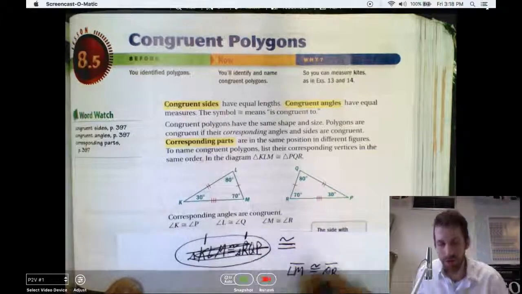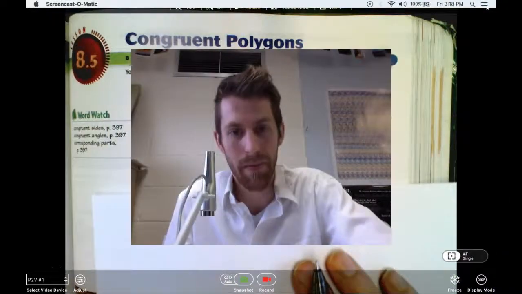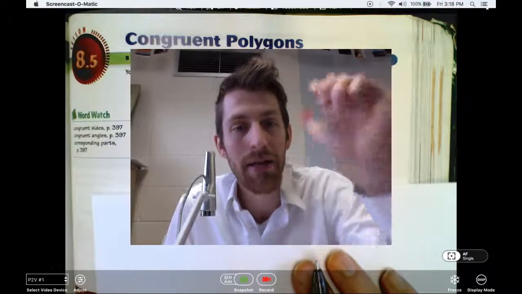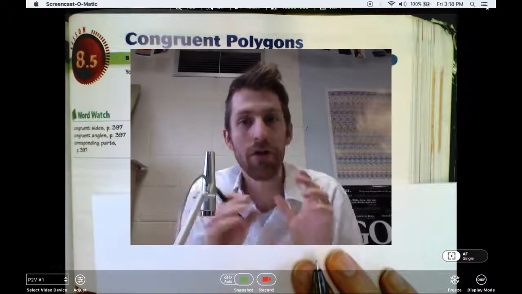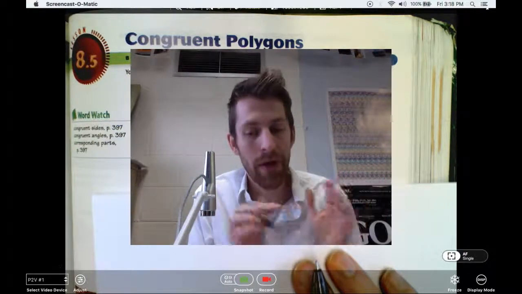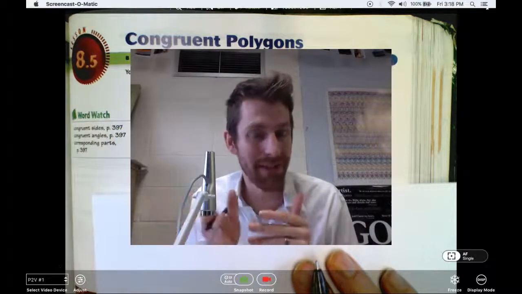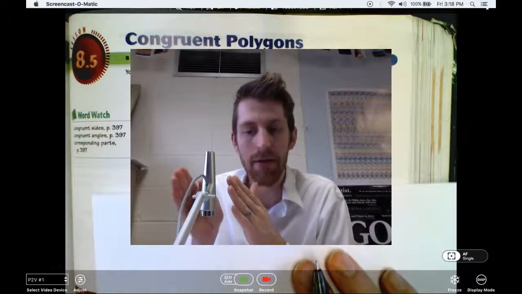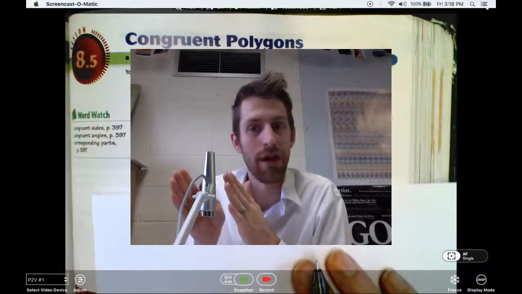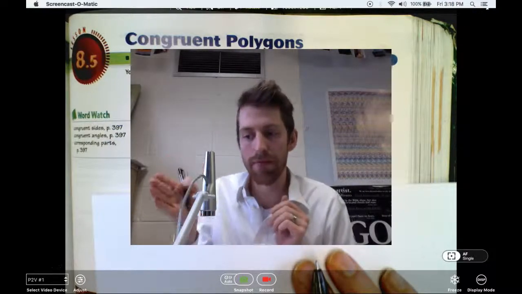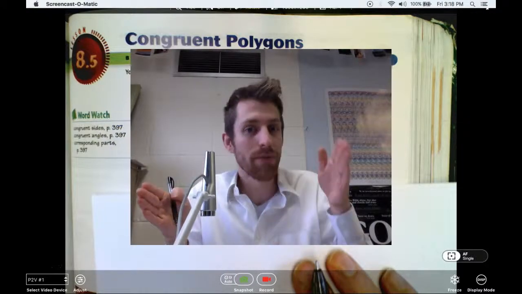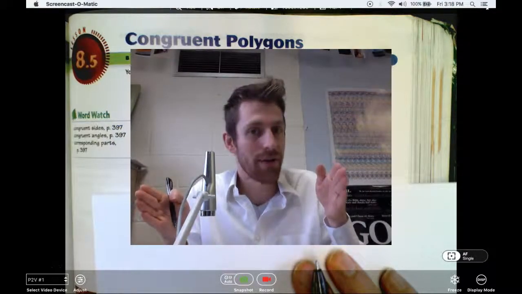So the correct way to name one polygon congruent to another polygon is to list the vertices in the correct order, so that you have this vertex first here and its corresponding vertex first over here.